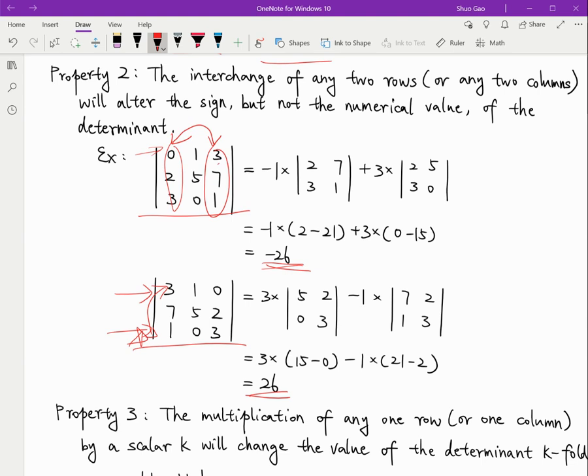And if you interchange twice, for example first the rows and then two columns, the determinant will be the same as the original, because you interchange twice. You interchange once, it alters the sign, but if you interchange twice, then it should be the same number as before. So this is property 2.